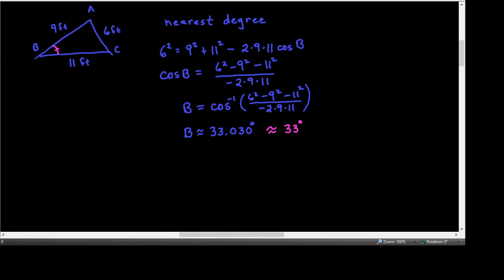The SSA or ASS form is the one where you have to draw a good picture, think about what's possible with your picture, go through that if A is shorter than B and all that stuff that the picture helps you decide. And you compare in that one case where the angle is acute and the side opposite it is shorter than the other side that's given. That's the one that could be 0, 1, or 2 triangles.